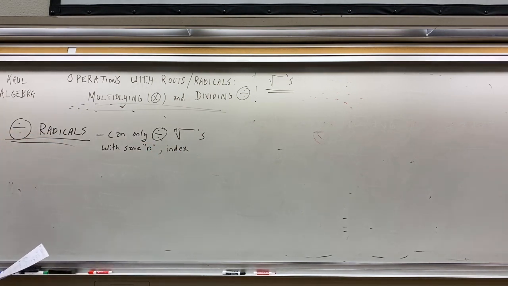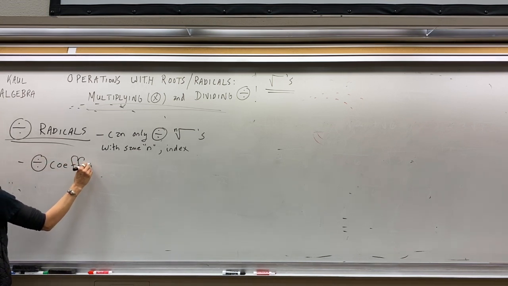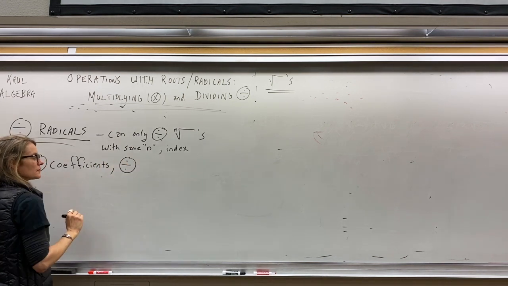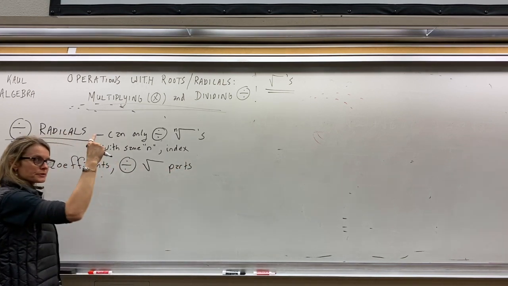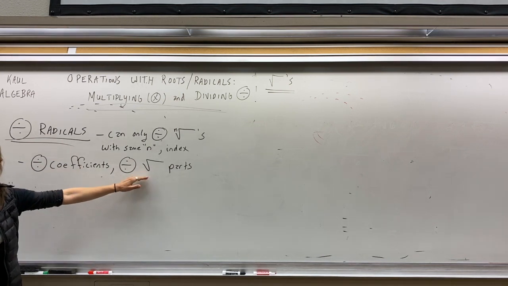Make sure that you really pay attention to that. You divide the coefficients. Then you divide the radical parts. You can treat the coefficients differently from the radical part, so divide those and then divide the radicals.